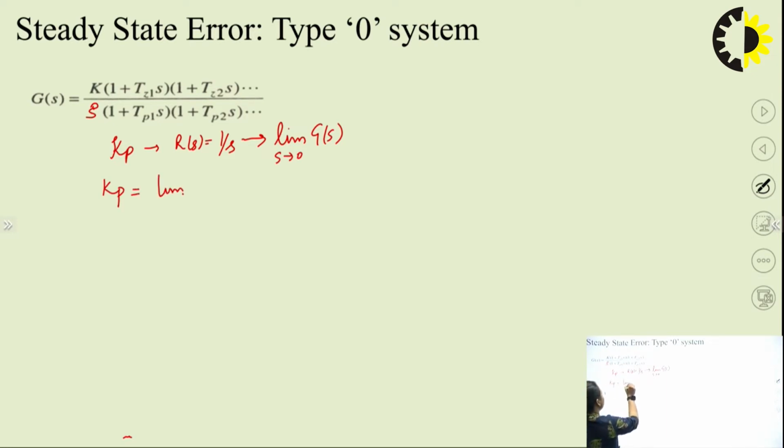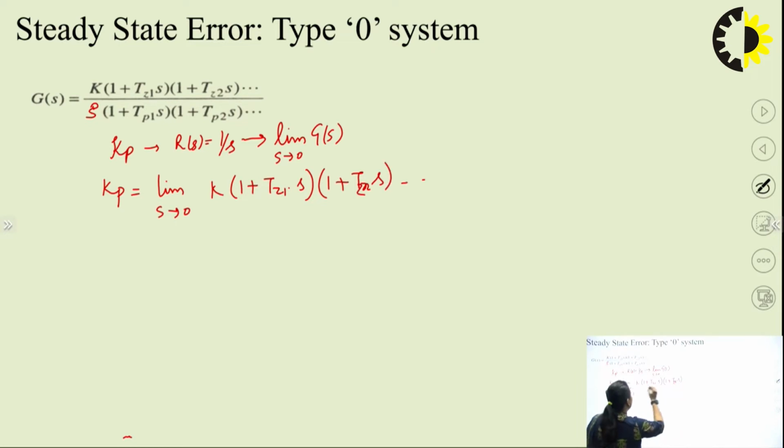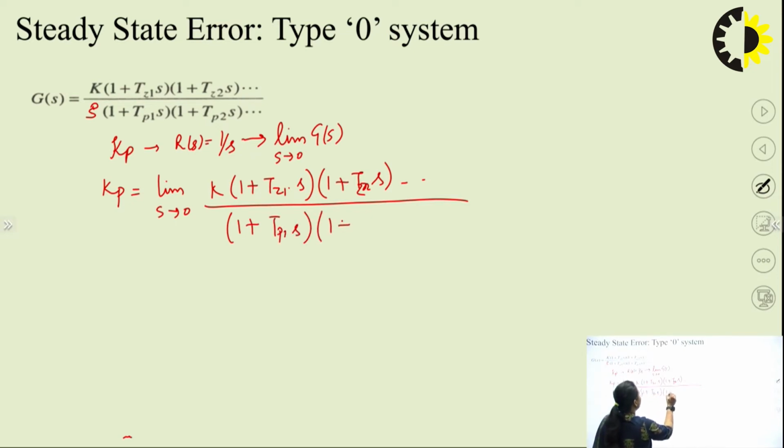This is limit s tends to 0 of K into (1 plus Tz1 s) into (1 plus Tz2 s) and so on, upon (1 plus Tp1 s) into (1 plus Tp2 s) and so on.